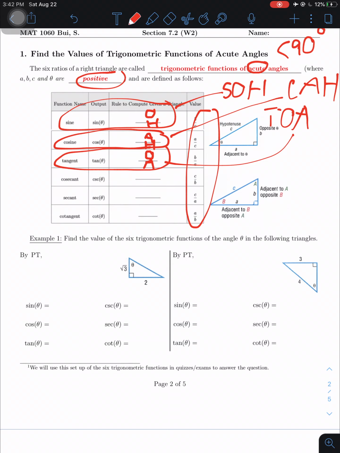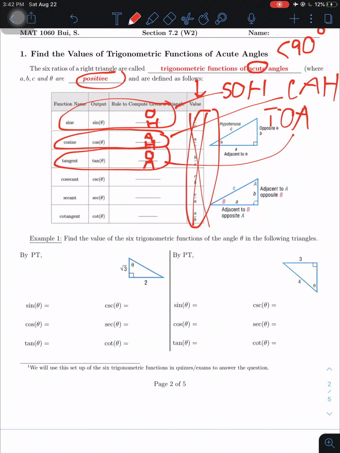Okay? I know that in a table or even in the book they show you the definition by showing the values of ABC. I will not recommend this system at all because, like I said before, there's only one hypotenuse in the triangle, but B and A could be misinterpreted. Why?